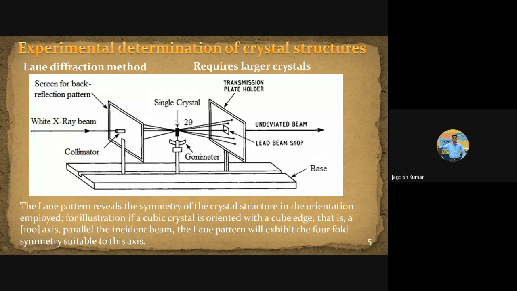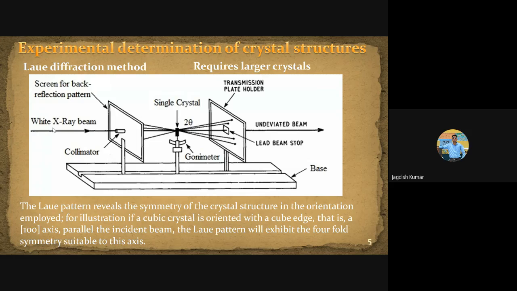Fine. So that's all the setup of this Laue diffraction method. You may be asked, what is the basic setup for the Laue diffraction method? That's what the whole setup is. There is nothing very unknown here. Any method is basically employing a different way to observe the diffraction pattern.